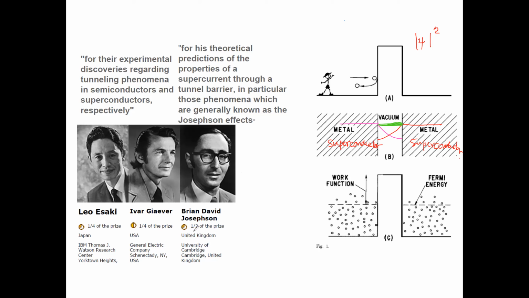That person got half of the prize, and he is from the United Kingdom and the University of Cambridge, England. That's why the phenomenon is called the Josephson effect, or Josephson tunneling.